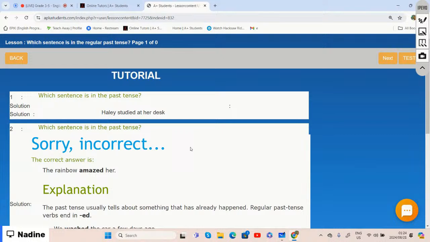If we look at this activity, it says: which sentence is in the past tense? It says, Haley studied at her desk.